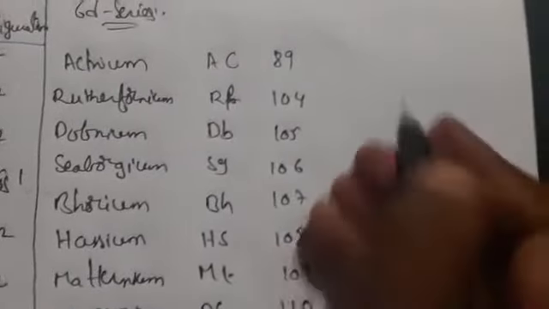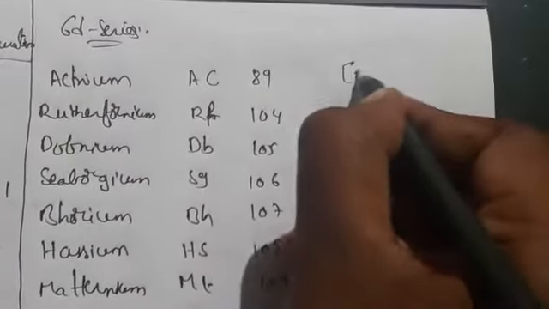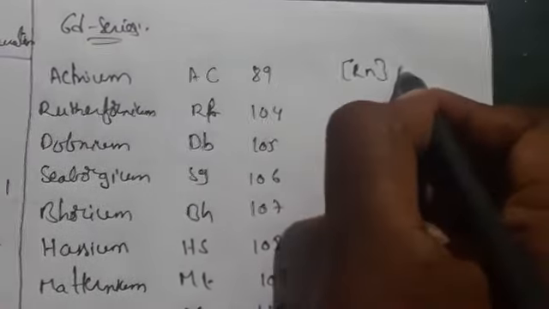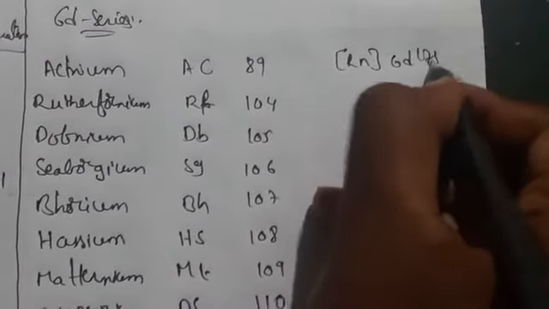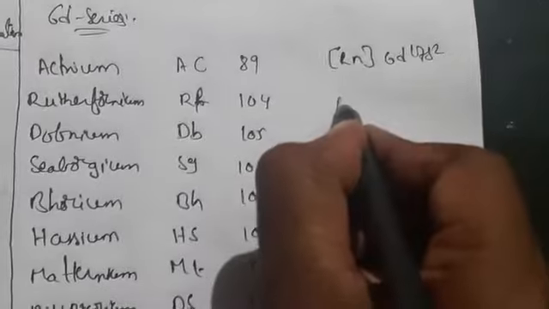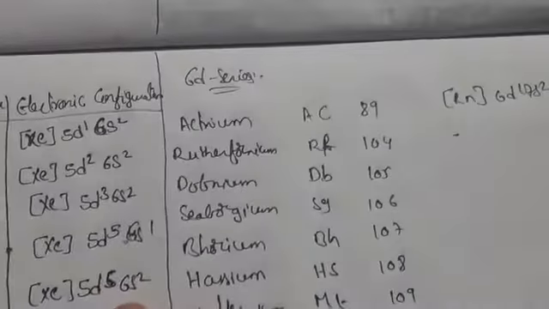So the configuration for these is radon. We can take radon 6d1 7s2. Why? Because it will enter into the f orbital also. This one also enters the f orbital, this one also.